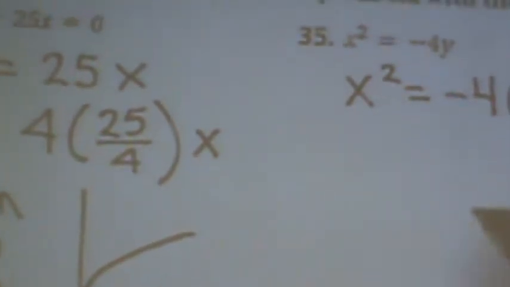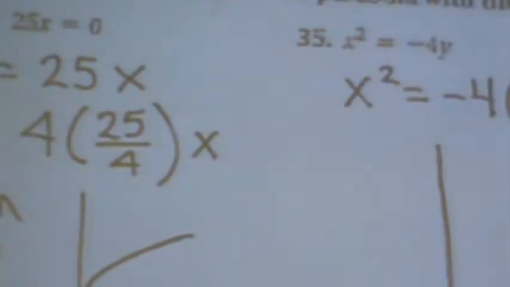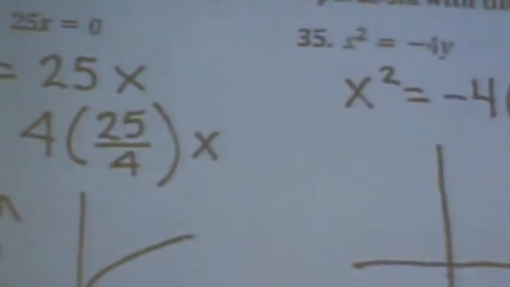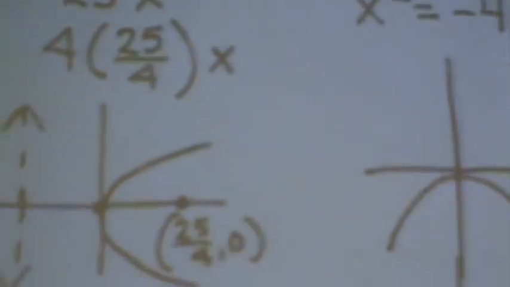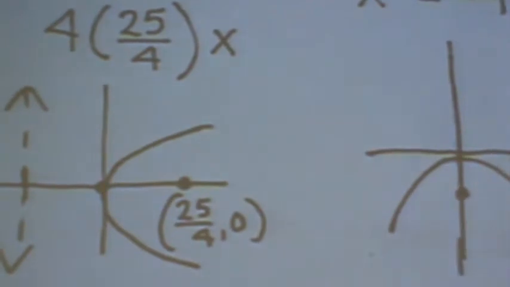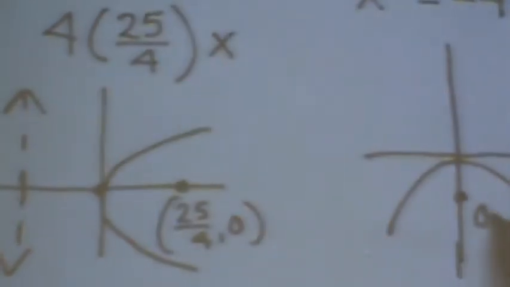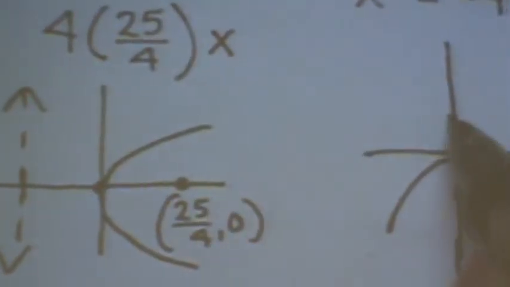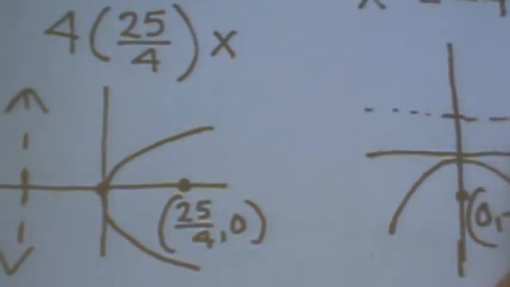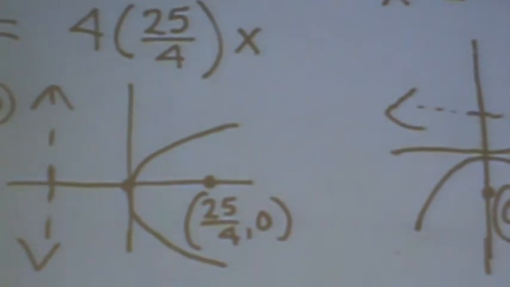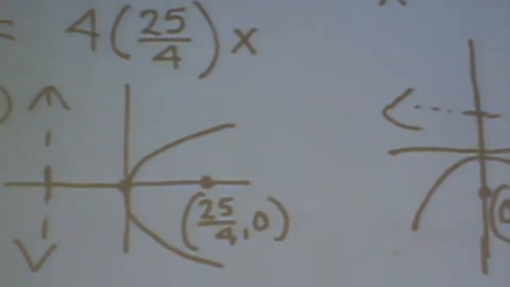A hill. Looks like a hill. Where's the vertex? (0, 0). Yep. And where's your focus point? It's 1 unit away, so it's (0, -1). And what's your directrix? Y line. Don't forget y equals 1. Good?